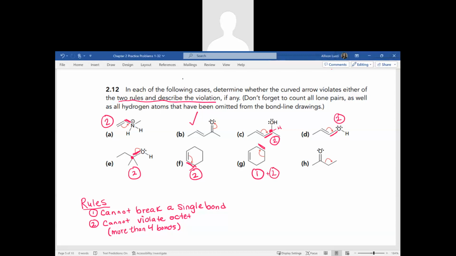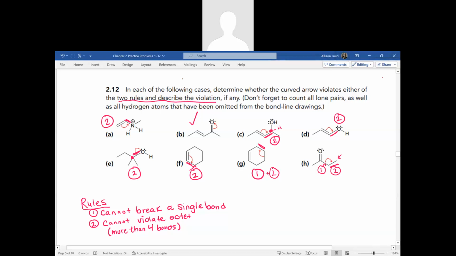So in this case for H, this violates rule 1 again, because we break this single bond here. And then we also violate rule 2 when we move those electrons over. These carbons already had a full octet, so we break rule 1 and 2 with structure H as well.